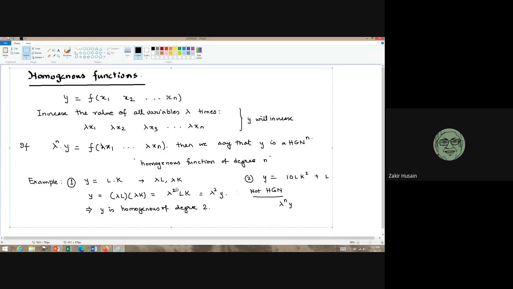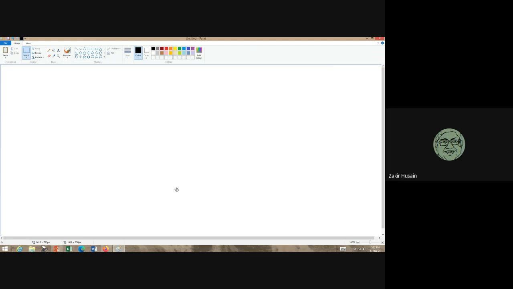Now there are two very important theorems regarding homogeneous functions. But before coming to that, consider the Cobb-Douglas production function. What is the form of this Cobb-Douglas production function?